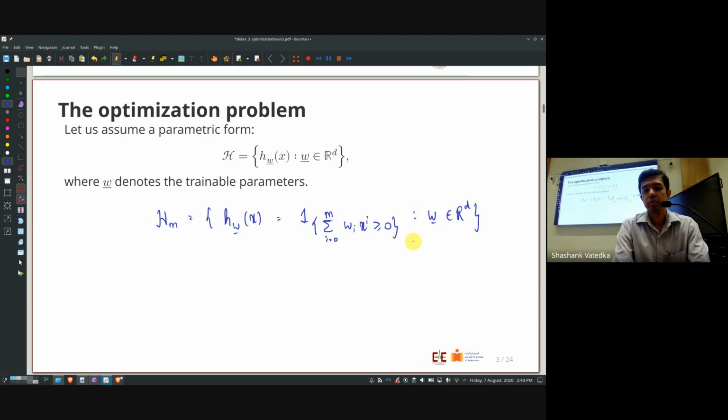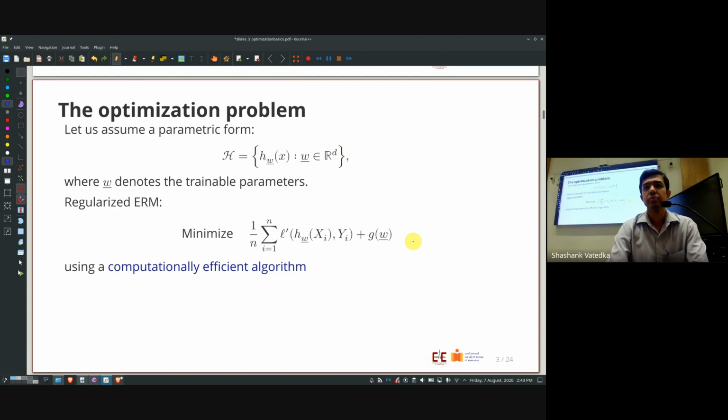So for many of the learning problems that we have at hand, you can represent it in this parametric form. Not all, but at least for the kind of problems that we are interested in. For instance, if you have a feed forward neural network, it can be represented in this parametric form. Okay.